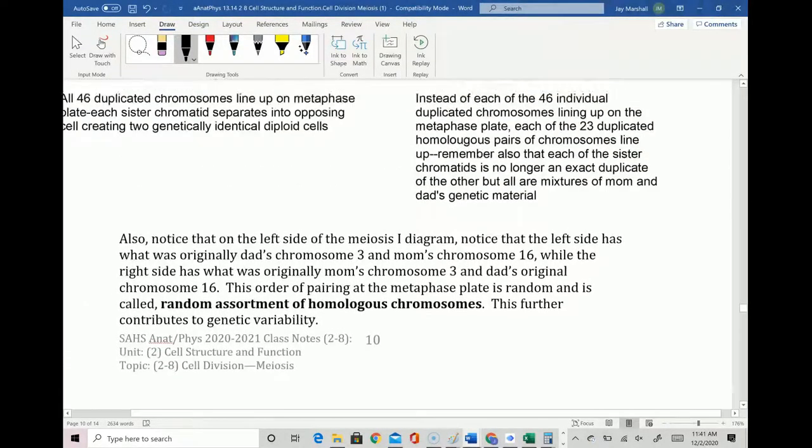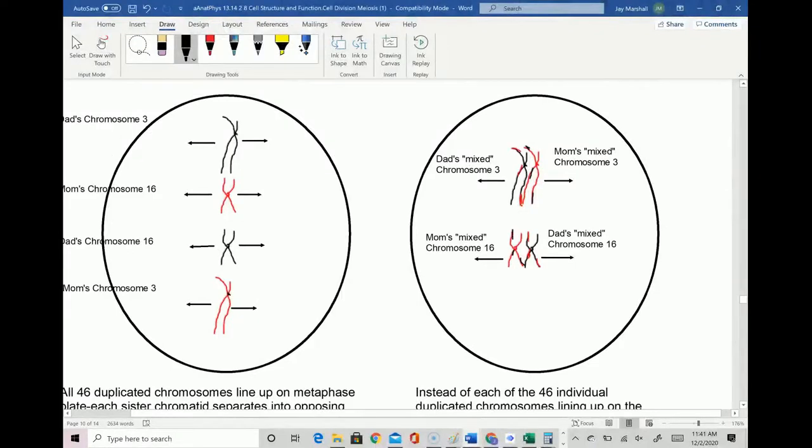Okay? The other thing about this is, and this contributes to the genetic variability here. Let's say that this was originally mom's chromosome 3 and this was originally dad's chromosome 3. Obviously, they're mixed now, right? But I don't have to have it that way. I could have had mom's chromosome be over here and dad's chromosome be over here.